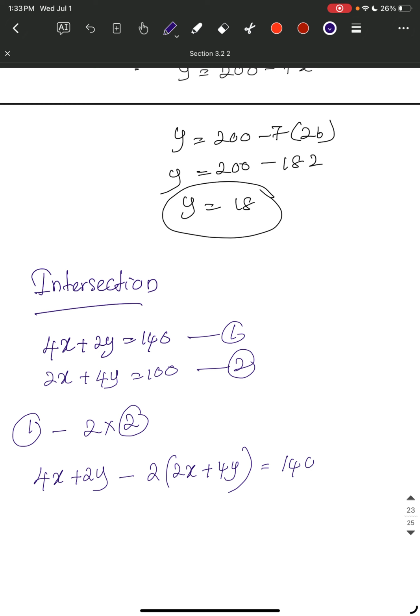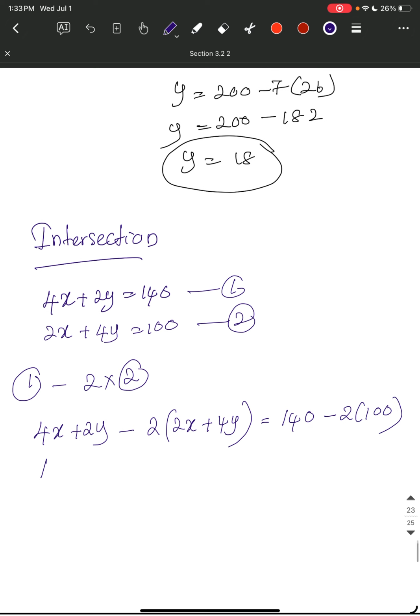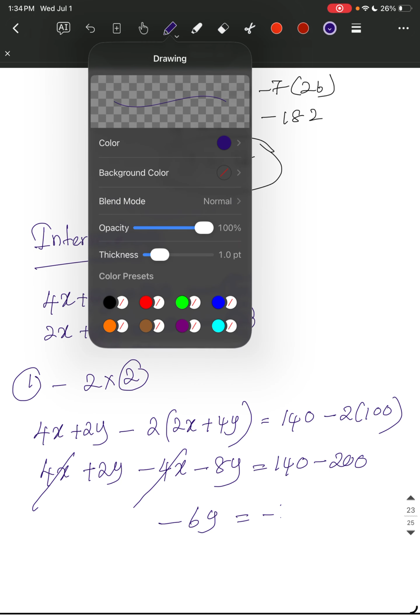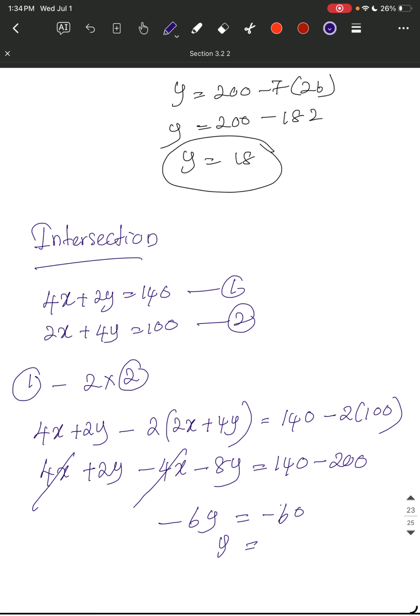So 140 minus 2 times 100. 4x plus 2y minus 4x minus 8y equals 140 minus 200. So negative 6y equals negative 80, no, negative 60. So y equals 10.